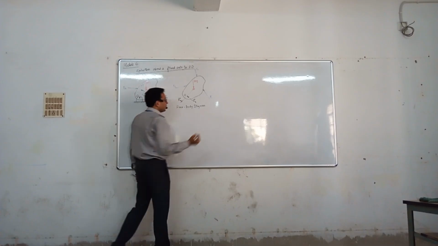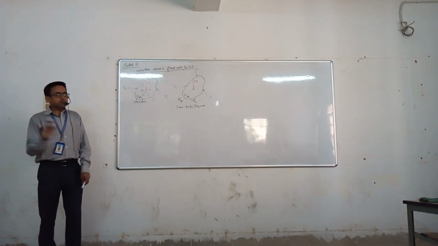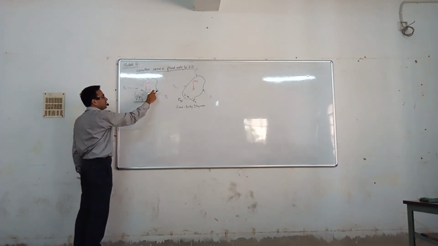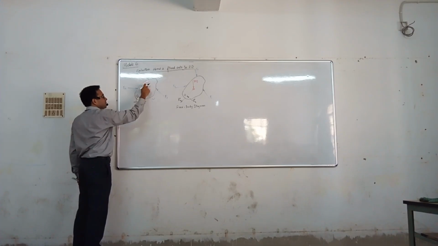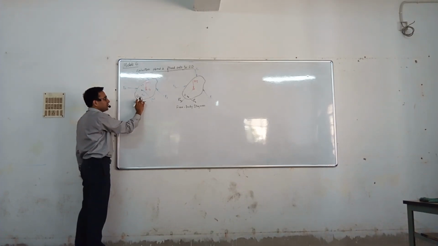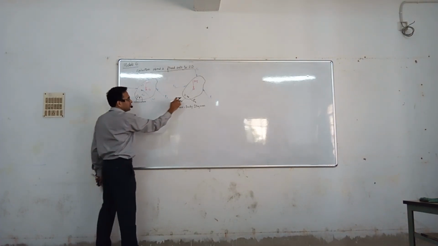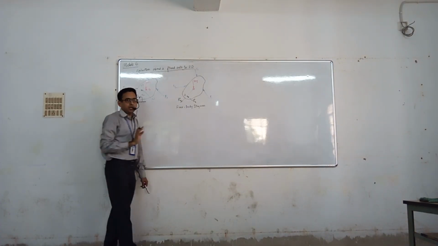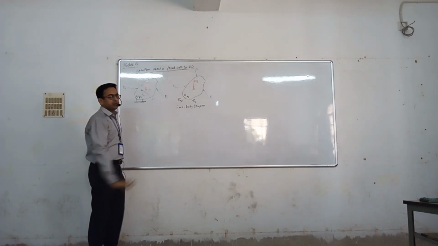Try to understand that whatever forces were there, this one, this one, this one, and this one, we had considered. Along with that, since I have replaced this with the support, I have to incorporate the corresponding reactions. So that is a complete free body diagram.